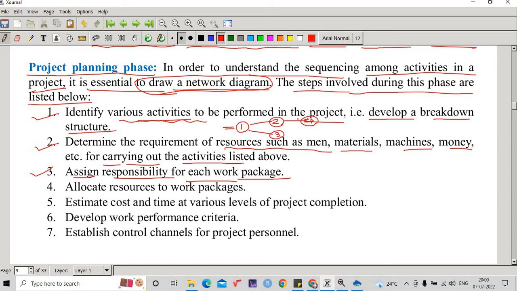At the second step, what activity should be followed? And so on. So responsibility should be given at each work package. Allocate resources at work package. So whatever resources are available, we have to distribute at respective locations or at respective work packages.